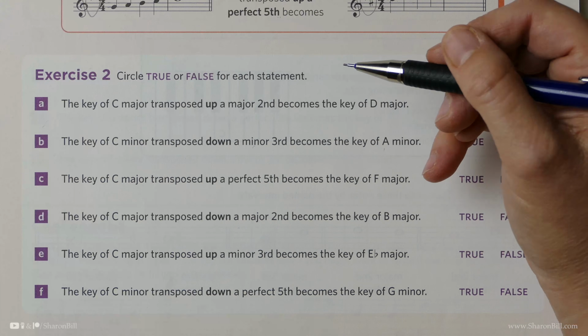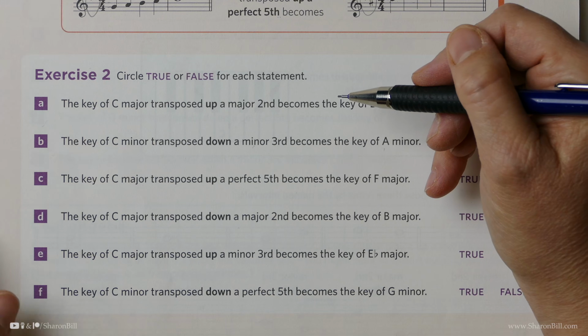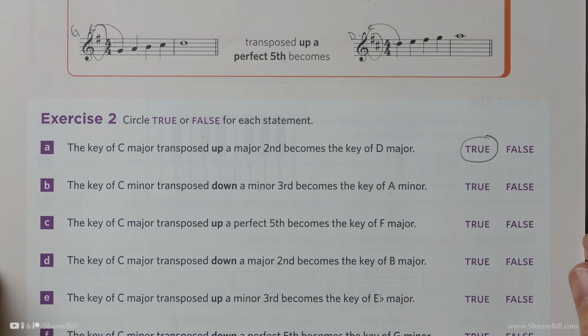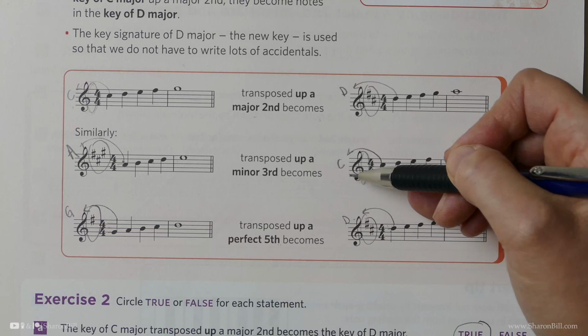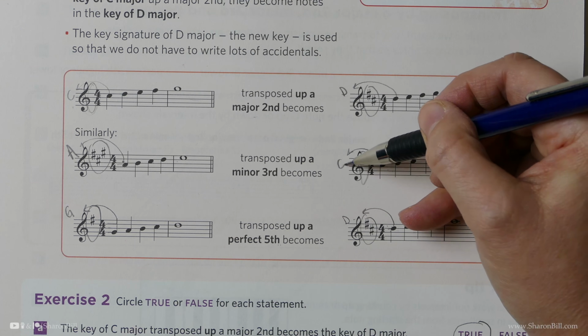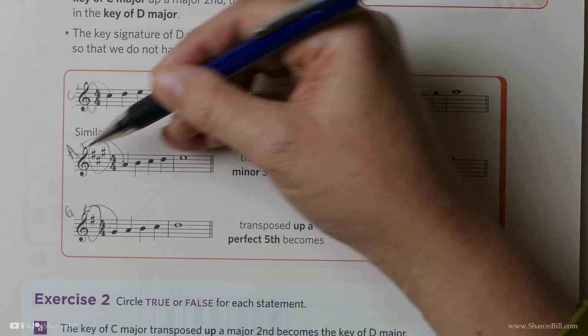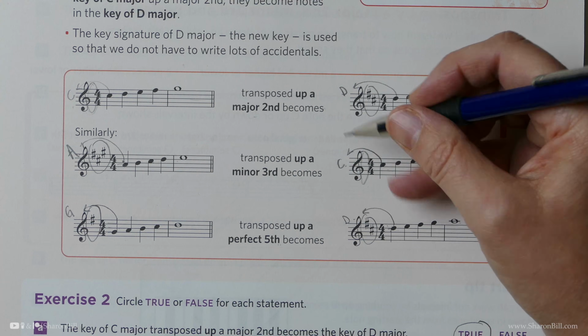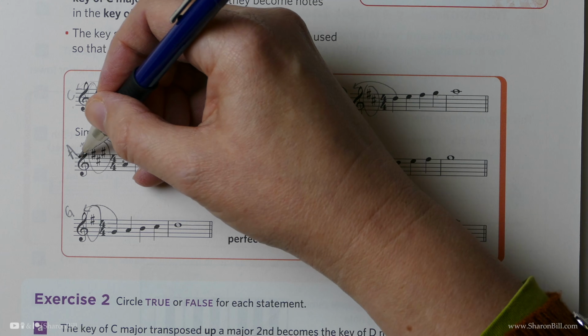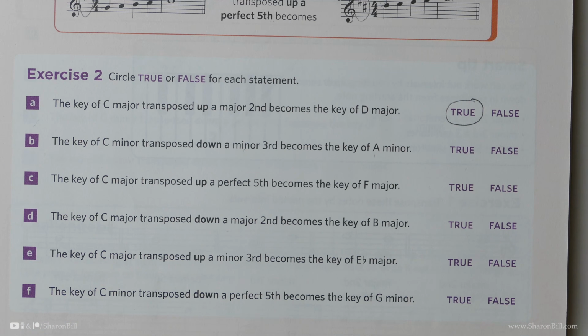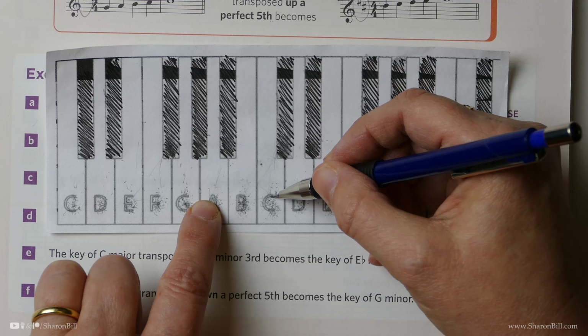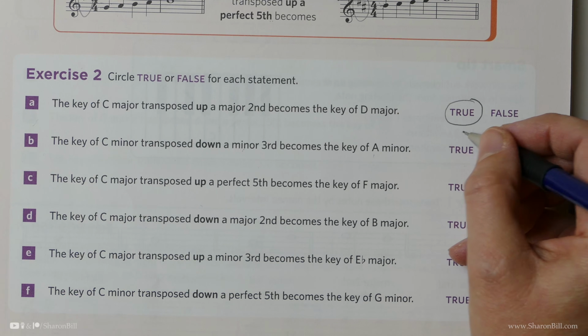And we've seen that interval going the opposite way, actually, with the major keys going up. And so it's exactly the same principle with the minor keys. C major going down becomes A major. So C minor going down a minor third becomes A minor. And we've just seen it on the piano. 1, 2, 3, a minor third. That is true.